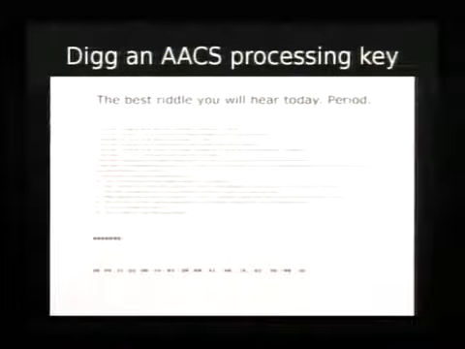And here is just one example. Unfortunately, it's not very clear, but this is an AACS processing key in the form of a quiz. So you can see the different quiz questions. You know, what's the directory assistance number in Moscow, Russia? Well, it's 09. What's the function key on your computer keyboard between F8 and F10? Well, it's F9.